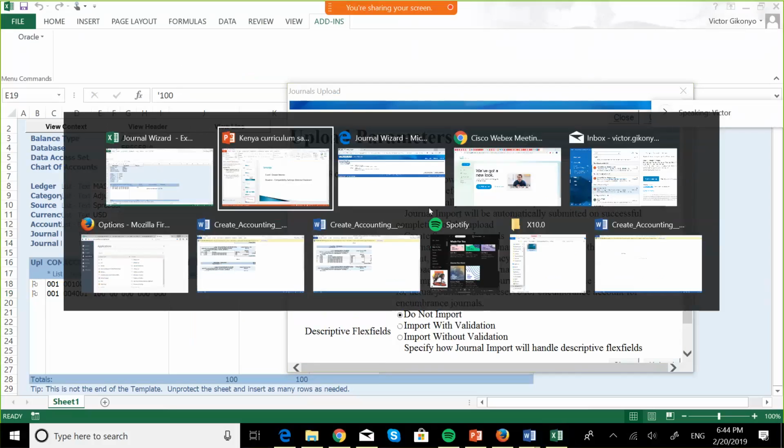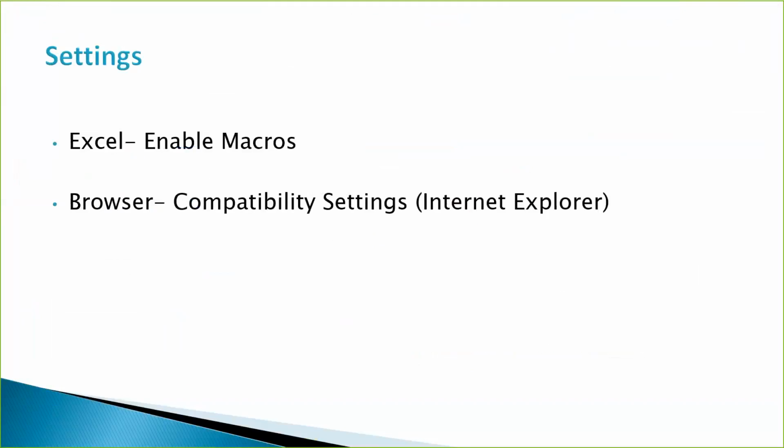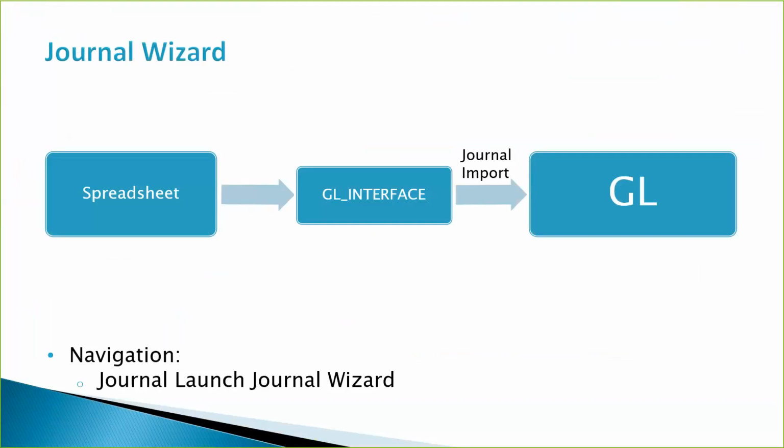If you go back to our slides here, journal import is the one that moves the entries from the GL interface table to the actual GL tables, balances. So if you allow import, then those journal lines will be transferred to GL.